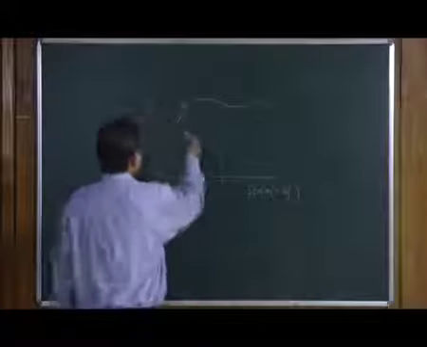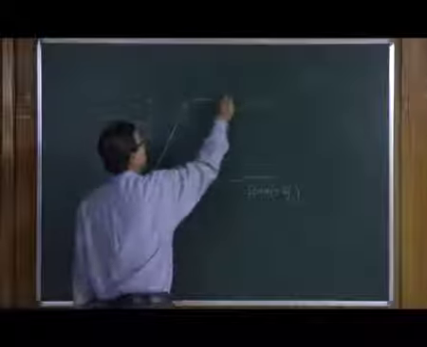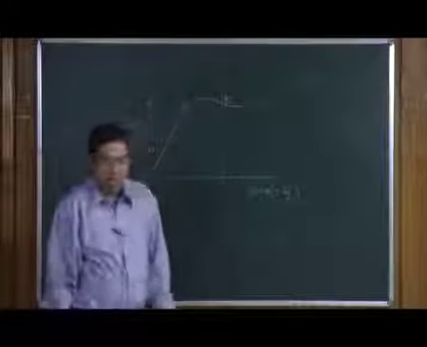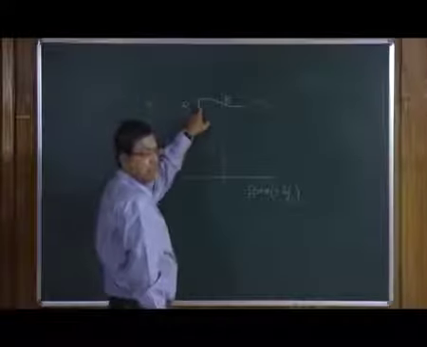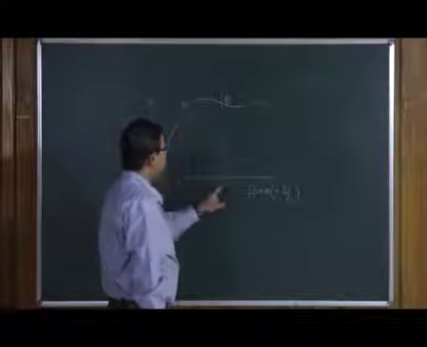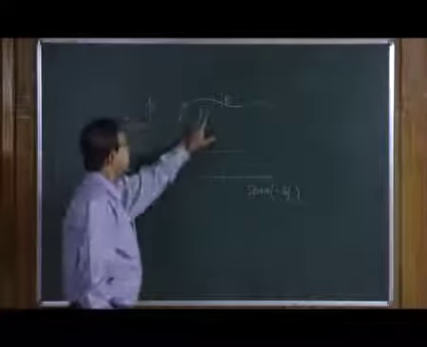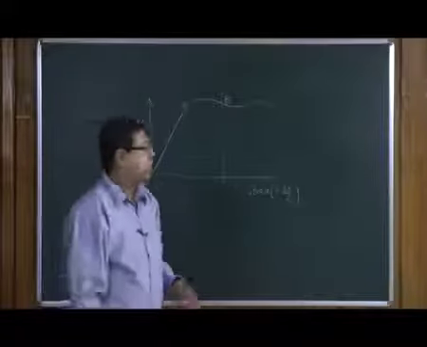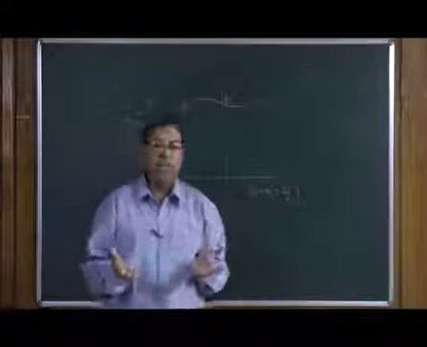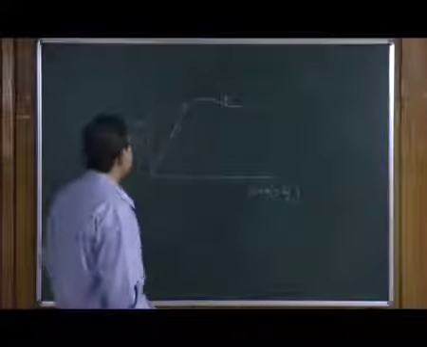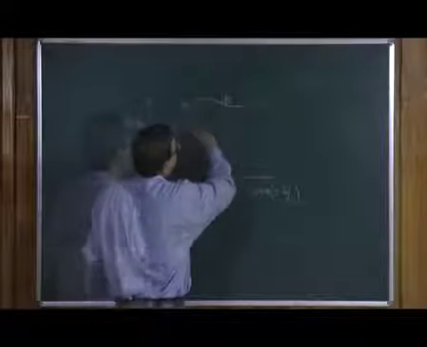It is not a straight line, but it's fairly flat between A and B, which tells you that for a small increase in stress, the increase in strain is enormous. In other words, in this particular region, the material has a plastic flow. So it almost behaves like a fluid, and it flows and reaches a point B.